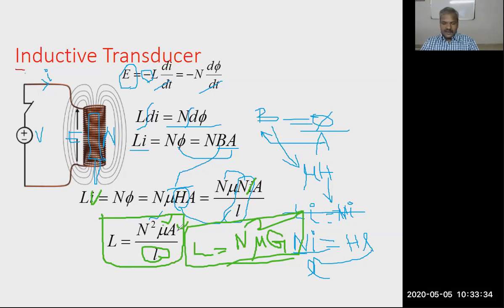G depends on the area of cross section of the coil and the length of the coil. Normally, this area is considered as the overlapping area between the movable core and the coil. So wherever the core overlaps with the number of turns, that is considered as the geometric construction. So area is the overlapping area, L is the overlapping length. Suppose this is a coil.